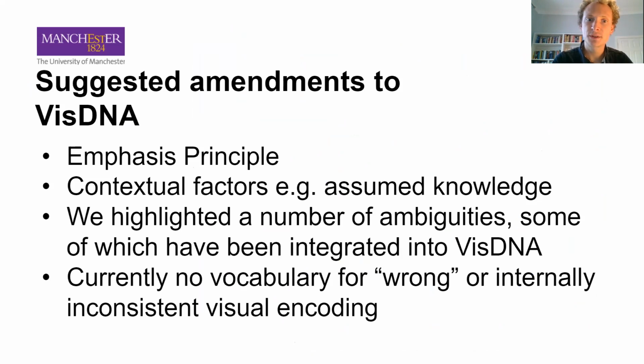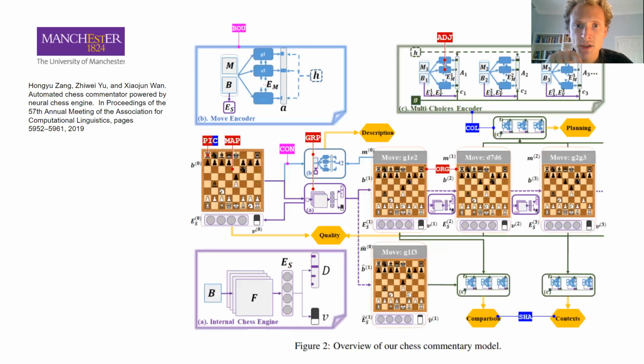And finally, there's no consistent vocabulary for wrong or internally inconsistent visual encoding. So I'll see if I can show you what I mean here. For example, there's four circles here, and in the paper, I was not able to establish whether that was genuinely a four-dimensional object or not. I do not know whether four is meaningful in those four circles next to ES.